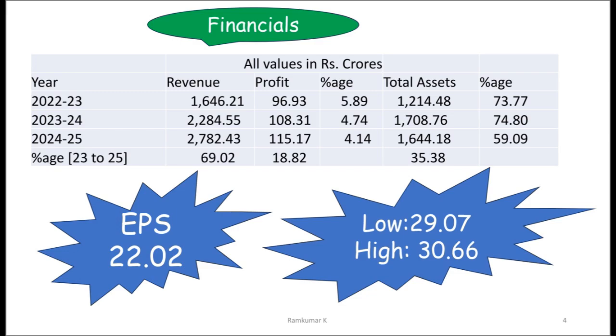Again, if you look at the revenue and the total assets in percentage, the asset is 73.77% for 23, 74.80% for 24 and 59.09% for 25. So to that extent, the assets of the company have reduced in terms of percentage.